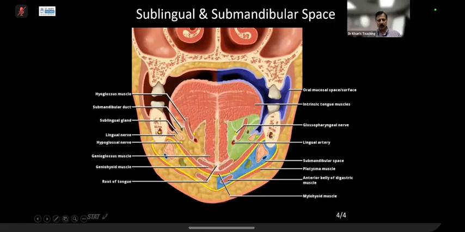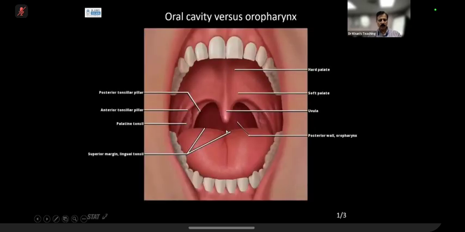Key point to remember is it will be inferior to the mylohyoid. There is a muscle here by the name of geniohyoid, which is not by definition an extrinsic muscle of the tongue. This is in between this and the tongue. At times it is difficult to pick up on an MR or a CT scan. But mylohyoid and anterior belly of the digastric, you must remember that.